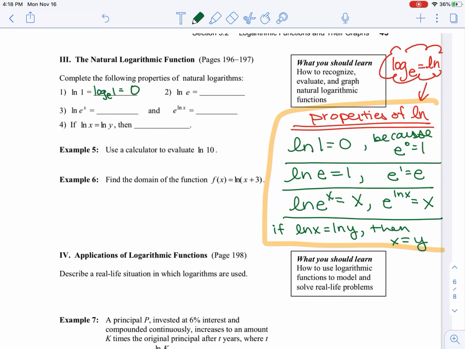Ln of e, they cancel each other out, and if I have log base e of e, we know e to the 1 is e, so that's just a 1. Ln of e to the x, the ln and e cancel each other out, so that just becomes x, and e to the ln of x is also x. If ln of x equals the ln of y, those values of x and y must be the same.